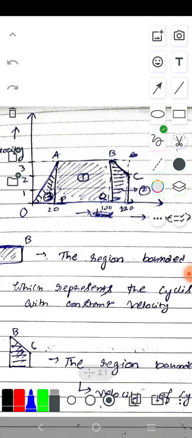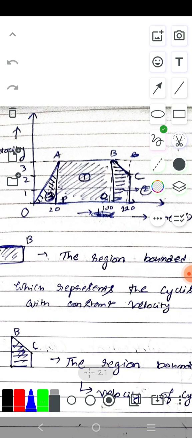Along x-axis you see 0 to 20, the triangular portion is there. If time is along 0 to 20, velocity is along 0 to 3. So this is a triangle.